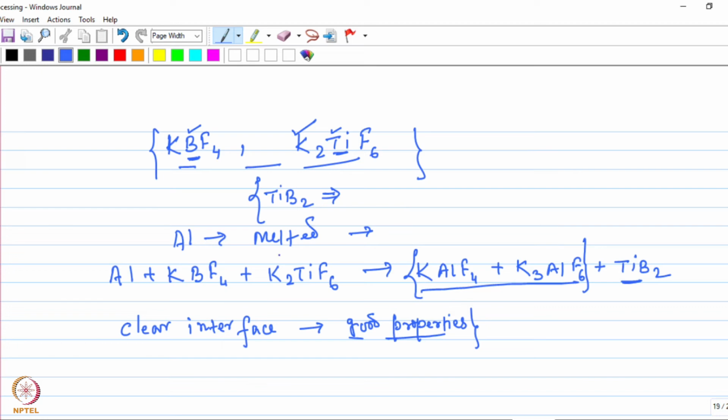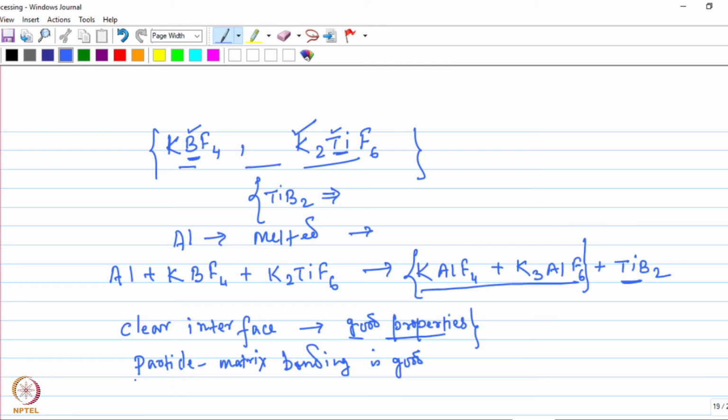Then the bonding is also good, because particles are growing in the metal itself.